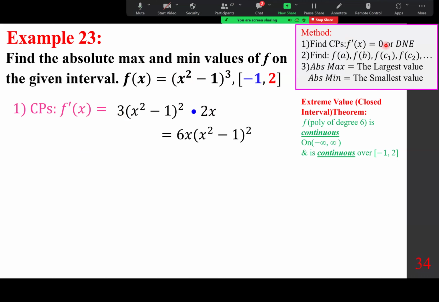So setting it equal to 0 gives us the following solutions. This one is 0, or this one is 0, and x is plus minus 1. So there are 3 answers. Let's see which ones are in between.